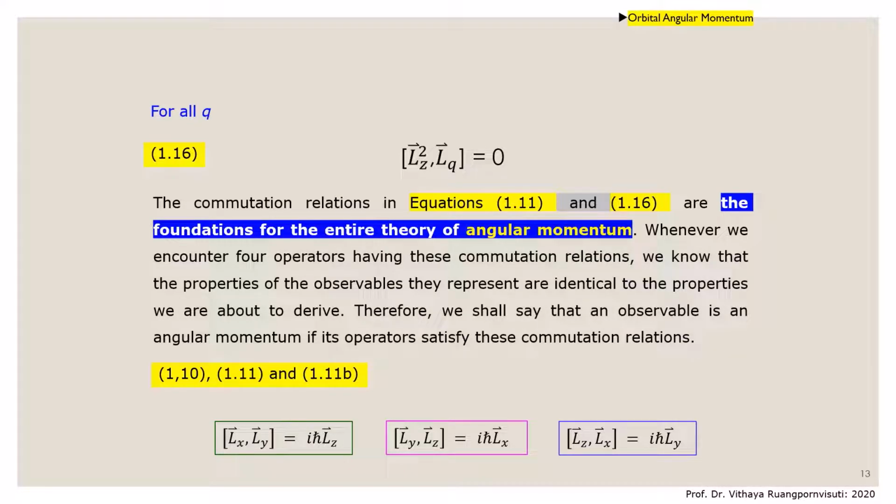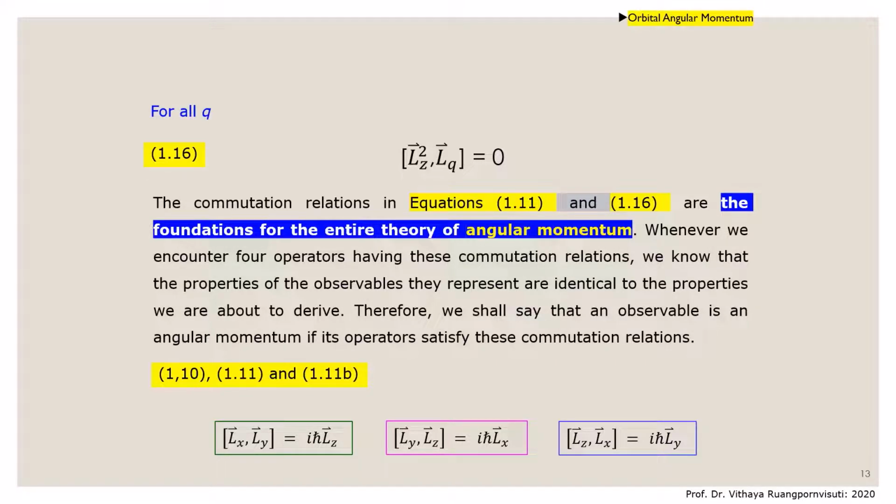The commutation relations in equations 1.11 and 1.16 are the foundations for the entire theory of angular momentum.